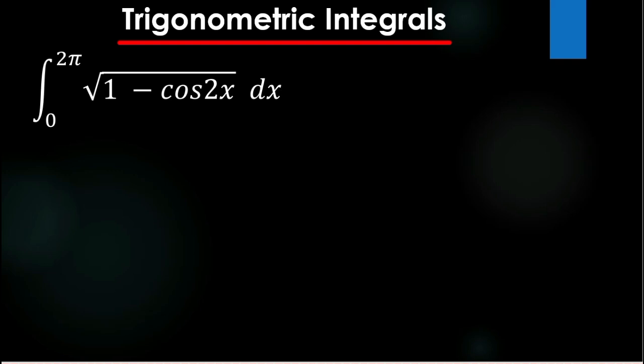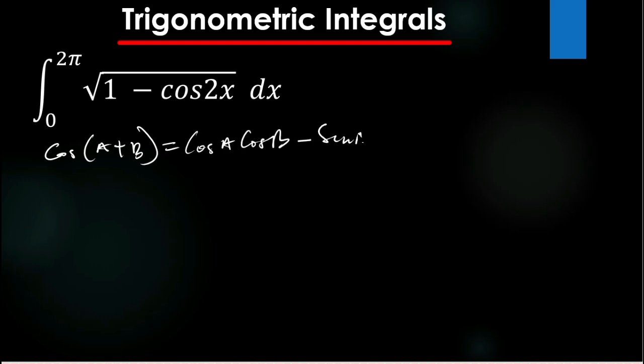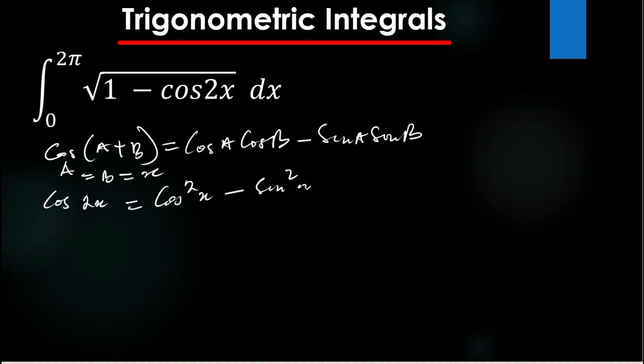If you look at this closely, you see this is cos 2x, and from our knowledge of trigonometric identities, you remember that cos(A plus B) is the same thing as cos A cos B minus sine A sine B. So if A is equal to B and both of them are equal to x, I'll have cos 2x, which is cos x times cos x, that's cos squared x, minus sine x times sine x, that's sine squared x.